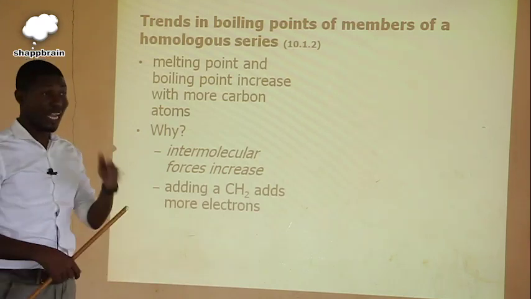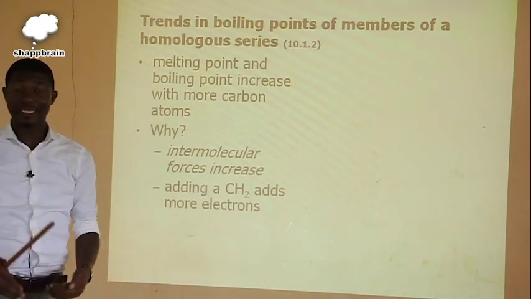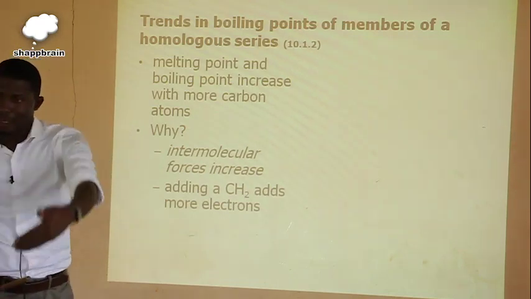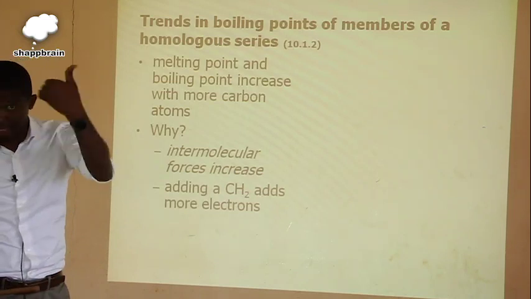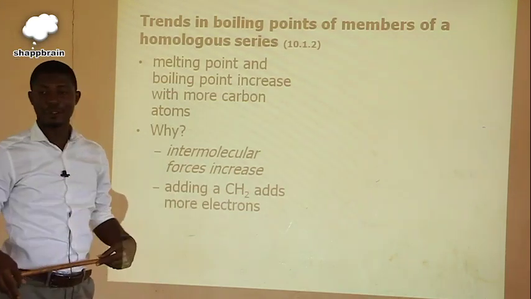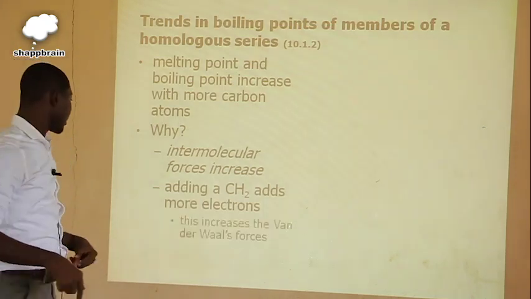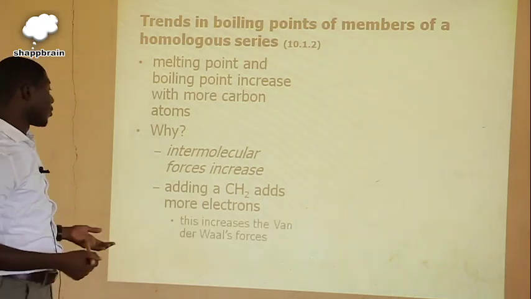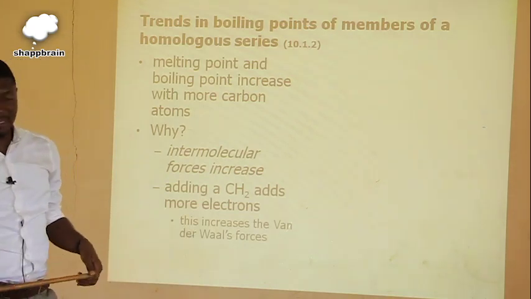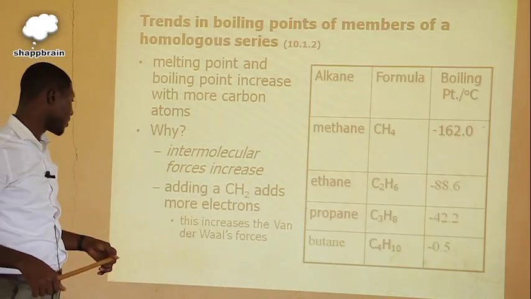Because as you move down the series, you'll be adding the CH2 unit to the preceding member. And so as you add the CH2, more electrons are added. If more electrons are added, it increases the van der Waals forces.